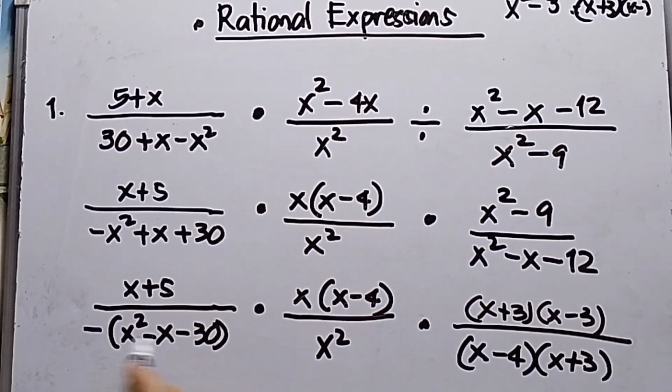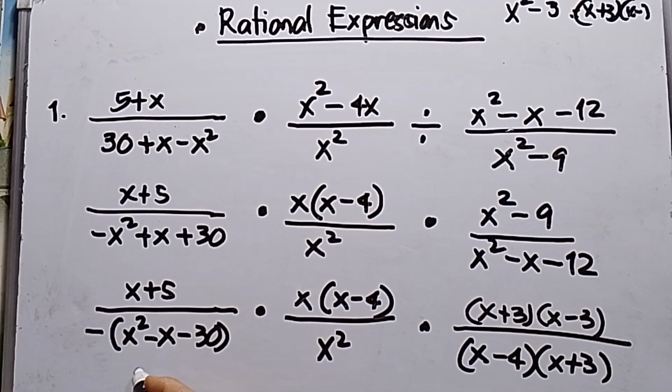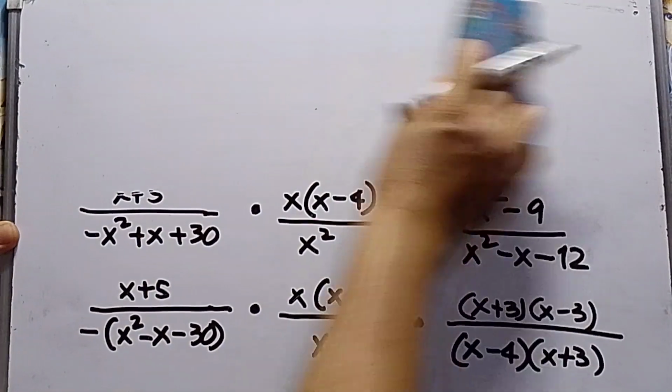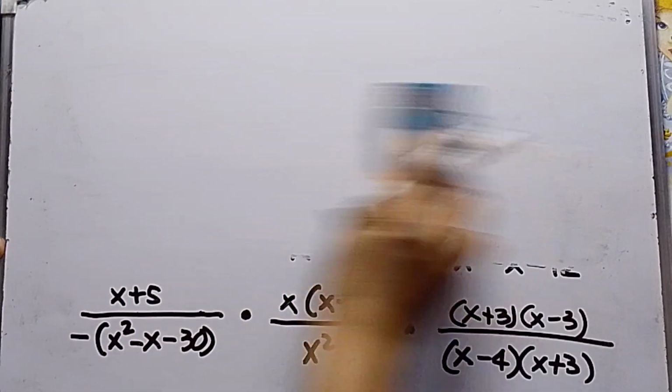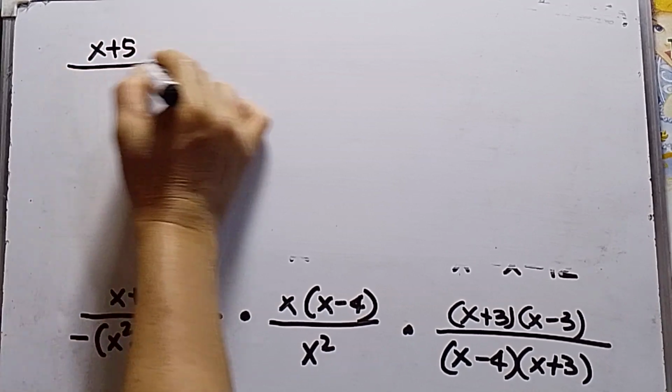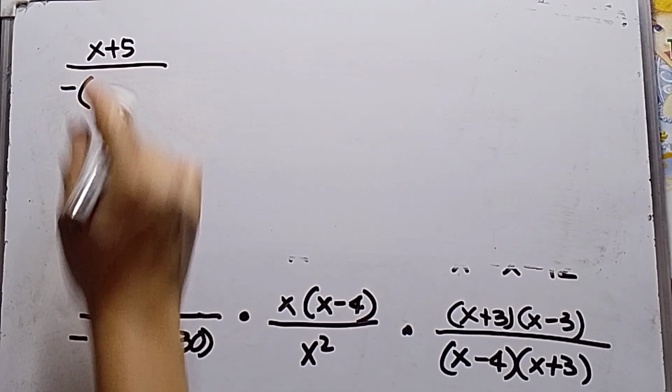Then need to factor out this one. So this will be, maybe I will erase at the top. So this will be x plus 5, so minus, factor this one.